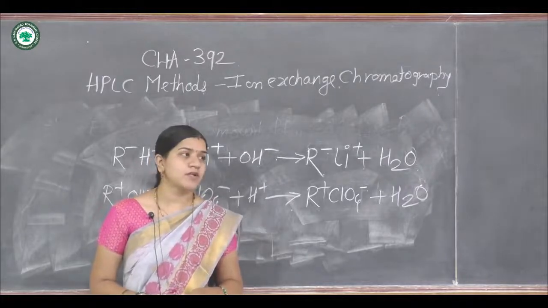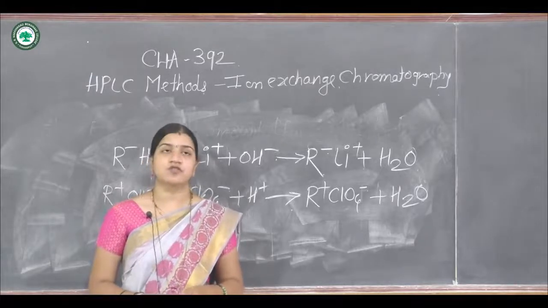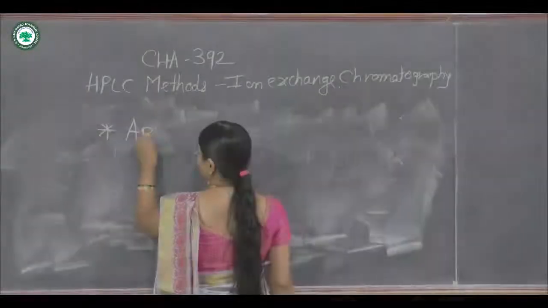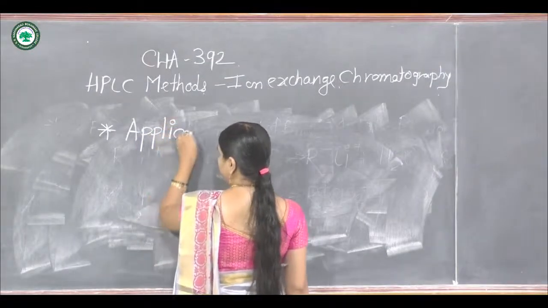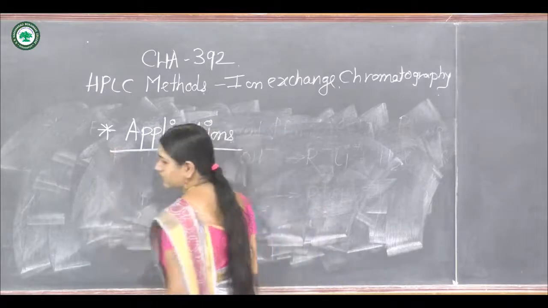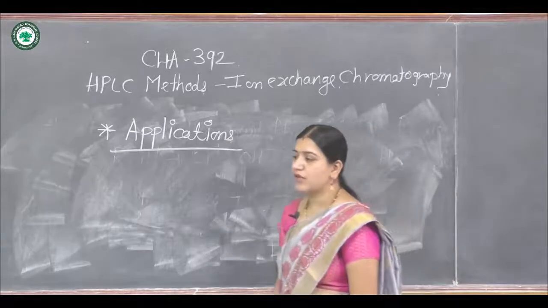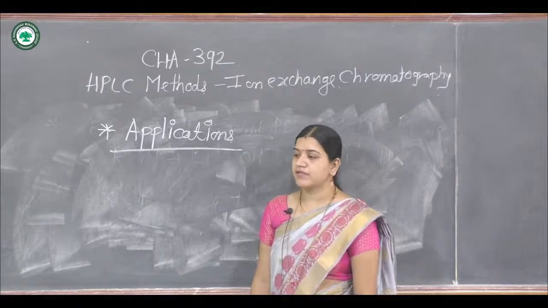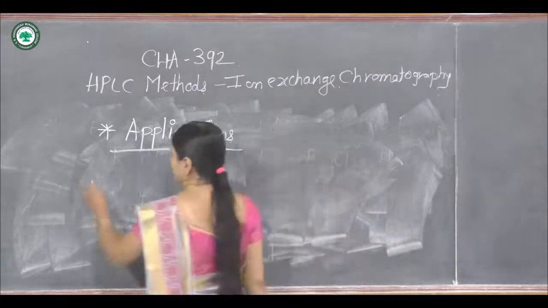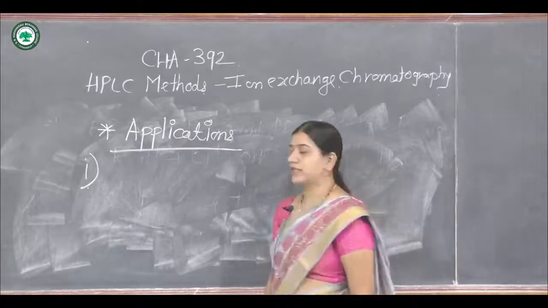Now the next important point is the applications of ion exchange chromatography in HPLC methods. All the lanthanides are separated within 30 minutes by using ion exchange chromatography. So the first application is the separation of the lanthanides.